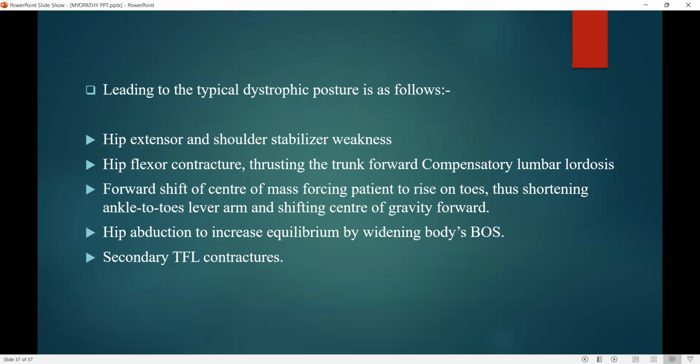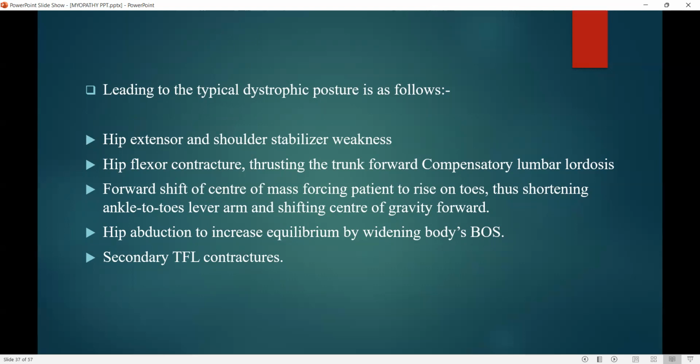First, hip extensor and shoulder stabilizer weakness. Hip flexor contracture, thrusting the trunk forward, with compensatory lumbar lordosis. The forward shift of the center of mass forces the patient to rise on the toes. Thus, the ankle is shortened, the lever arm is shortened, and the center of gravity shifts forward.